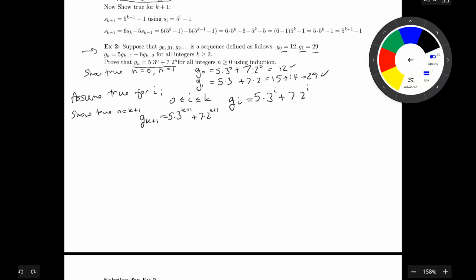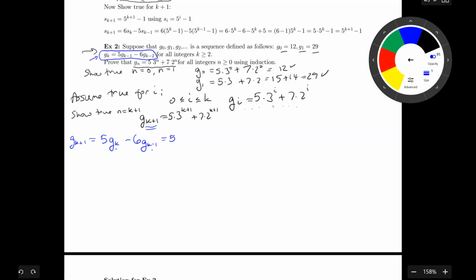Okay, so now when it comes time to start with this left-hand side, that's where I go to this. And I put in k plus 1, right? So I'm putting in k plus 1 into here. So g sub k plus 1 is equal to 5g sub k minus 6 g sub k minus 1. Good thing I've got this strong induction, so I can use the k and k minus 1 into here.